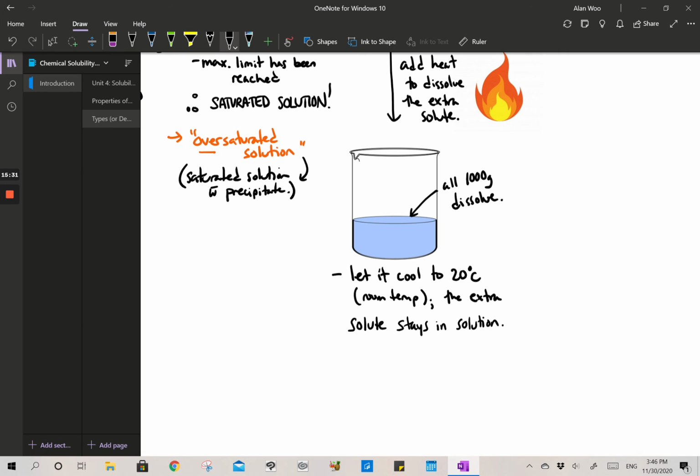When all 1,000 grams dissolves, this solution again looks just like the other two. It looks clear. It looks like there's just water, because all that solute dissolved completely. Now, if you let it cool to 20 degrees Celsius and it stays like this, then we have a special solution called a supersaturated solution.